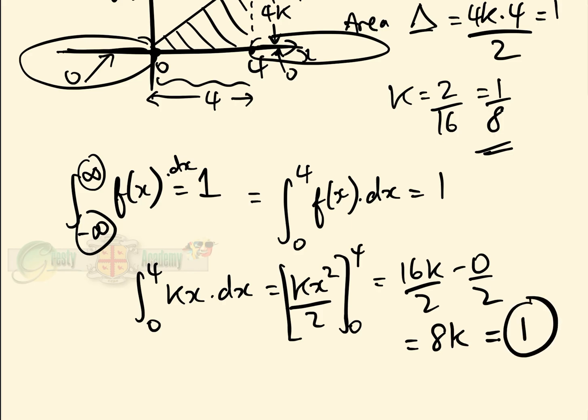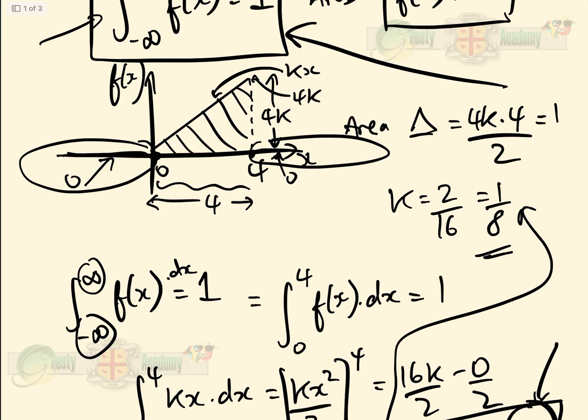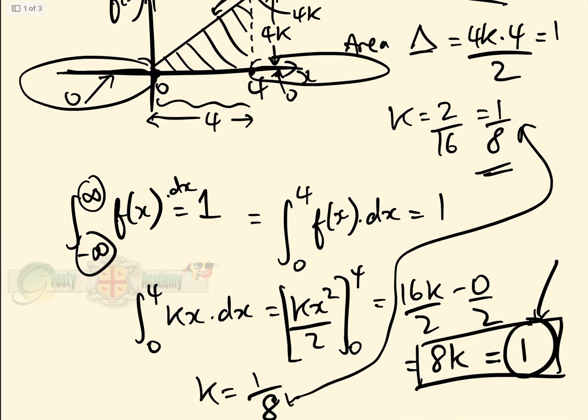This is the really important bit: we know that the integral of the probability density function equals 1. So 8k equals 1, and therefore k equals 1/8. So whether we use the integral, or notice that the area underneath the probability density function can be calculated without integrating, we get the answer k equals 1/8.